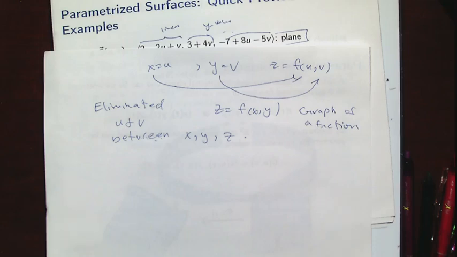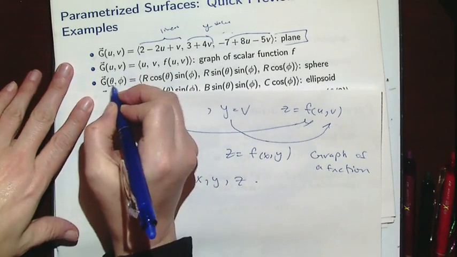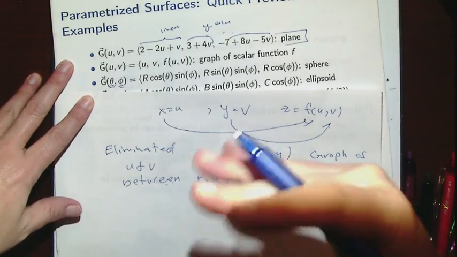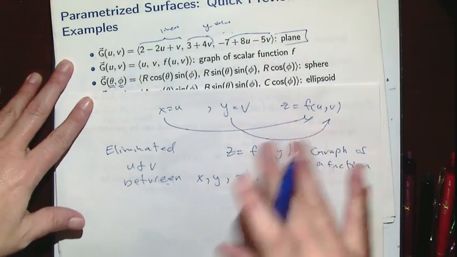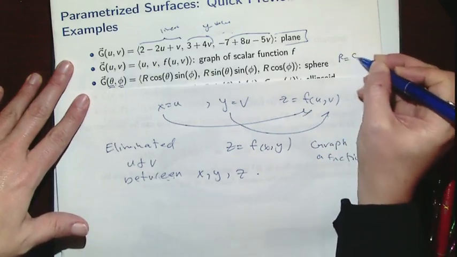Radius is constant. Is the radius here constant? Yes. How do I know radius is not a parameter here? Because, look at this, theta is a parameter, phi is a parameter, r is not a parameter. Therefore, r is a constant. R equal to a constant.